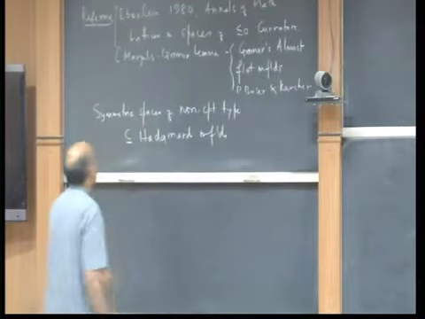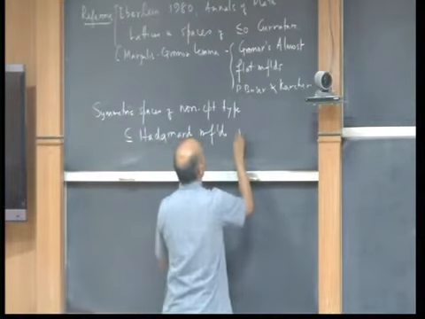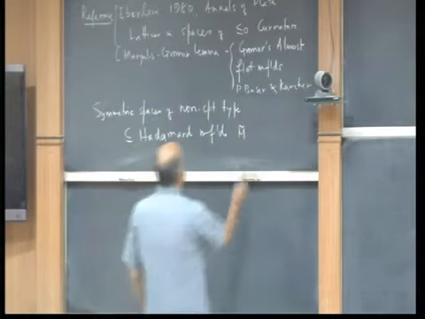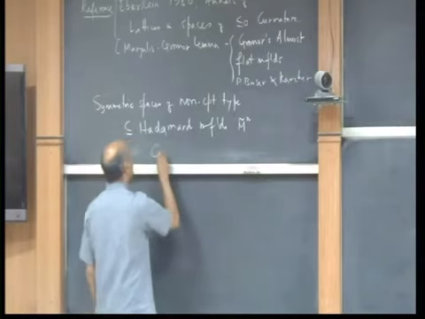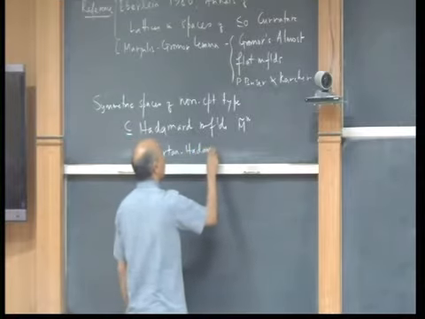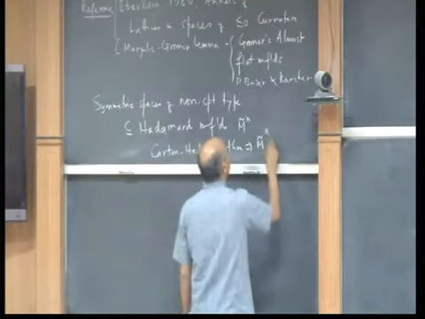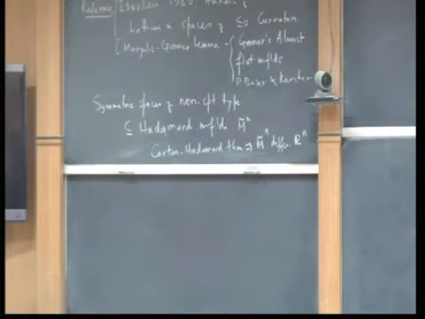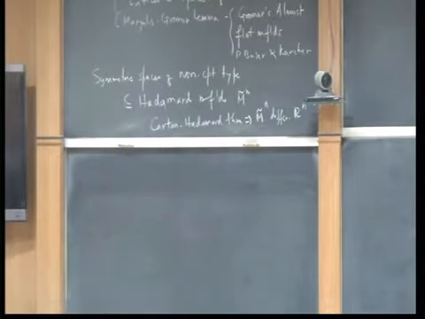If you have such a manifold of dimension n, usually denoted M tilde, I recalled yesterday that the Cartan-Hadamard theorem implies that it is diffeomorphic to R^n, the n-dimensional space. Okay. So that's where I more or less left off yesterday.